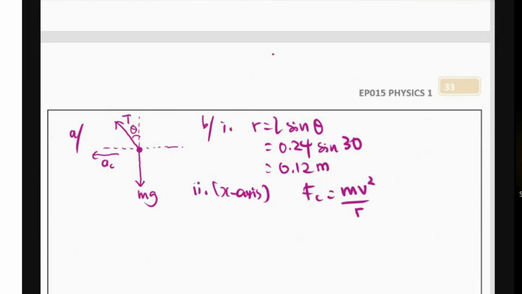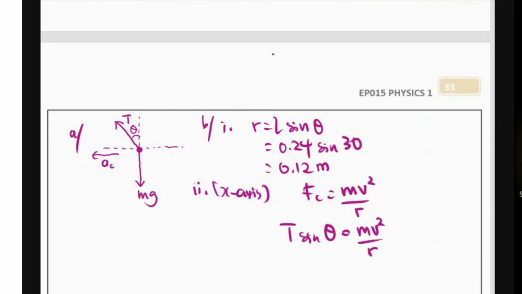So the component of tension is T sine theta, pointing to the left. Since it's pointing to the left, it is parallel with the centripetal acceleration. Therefore, FC is T sine theta. So T sine theta equals mv squared divided by r.